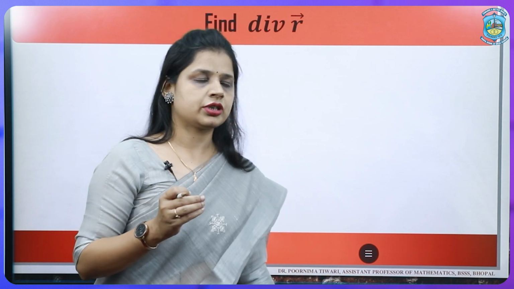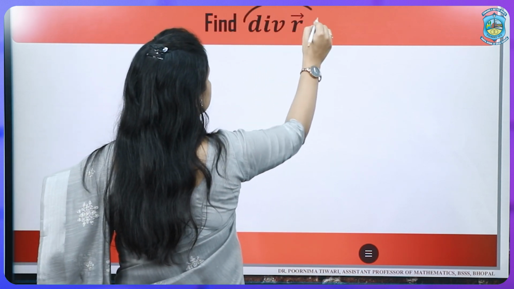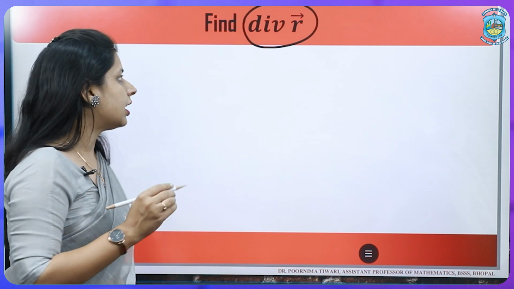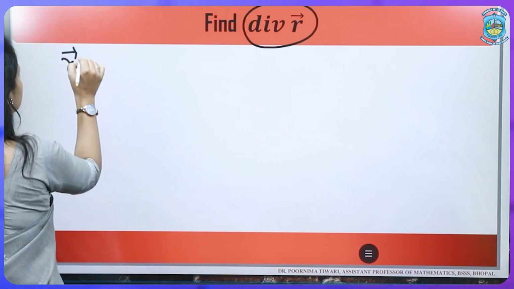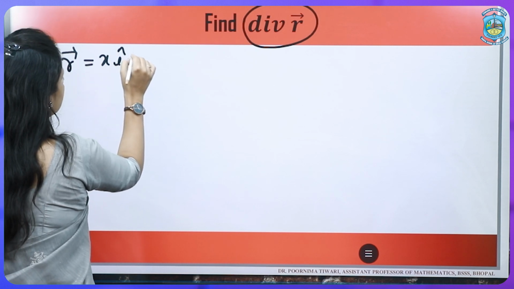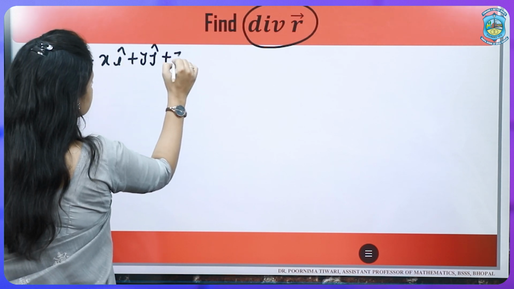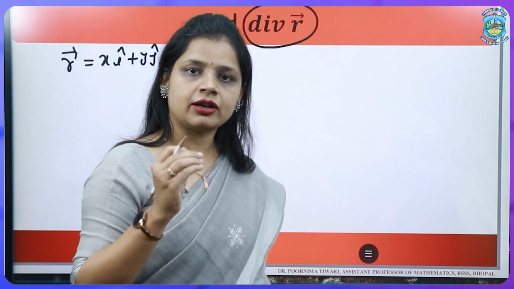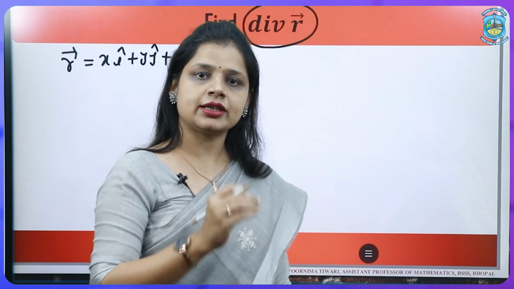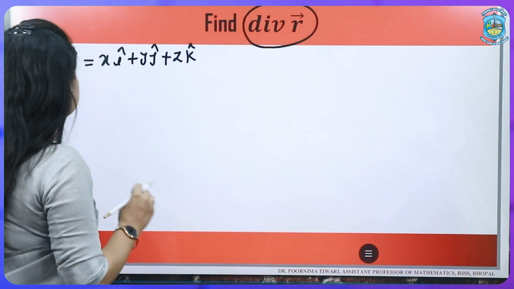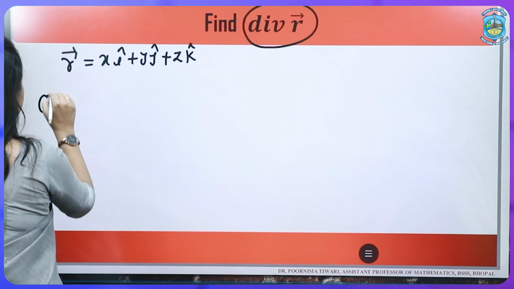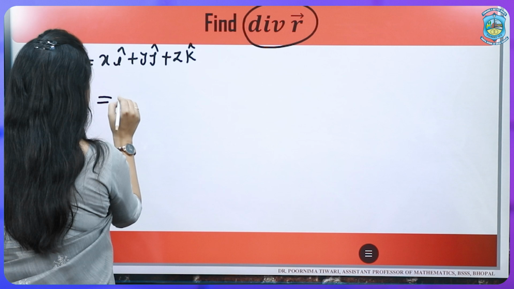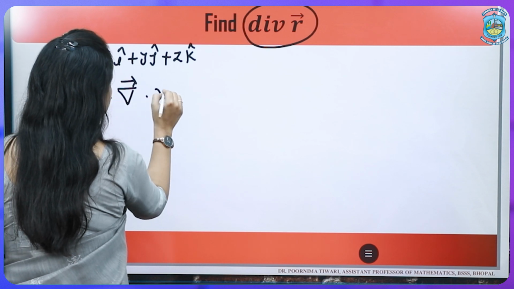Next we will solve a question where we will find divergence of vector r. This r is the position vector and it has a standard value x i cap plus y j cap plus z k cap, where x, y, z are the values along coordinate axes x, y and z. Now, when we have to calculate divergence of this vector r, our formula is nabla dot r.